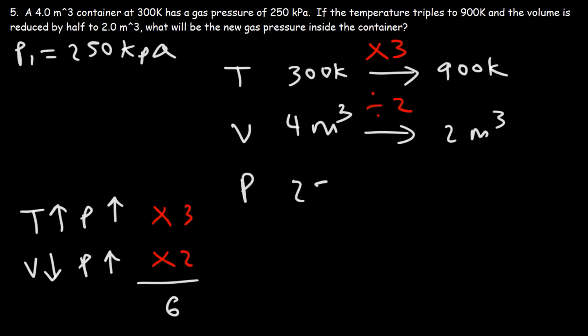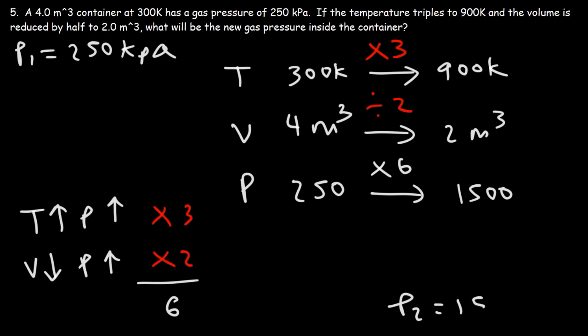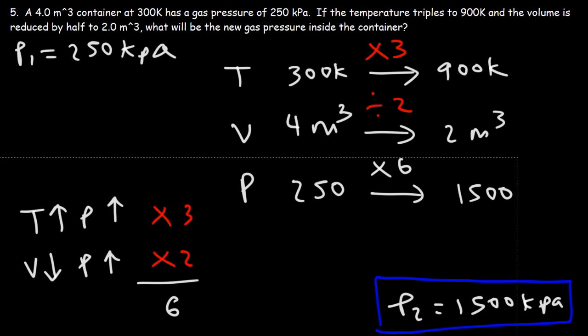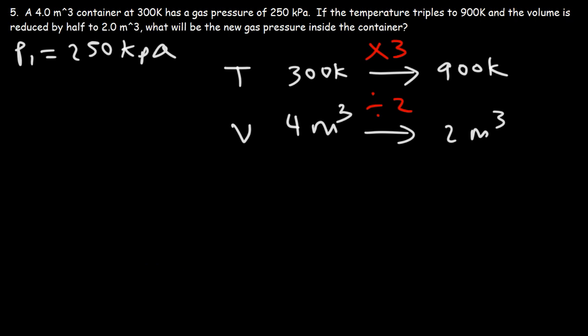So the pressure, which was 250 kilopascals, is going to increase by a factor of 6. So the new pressure should be 1500 kilopascals. Now let's confirm this with an equation. Now let's use a formula to get the answer.